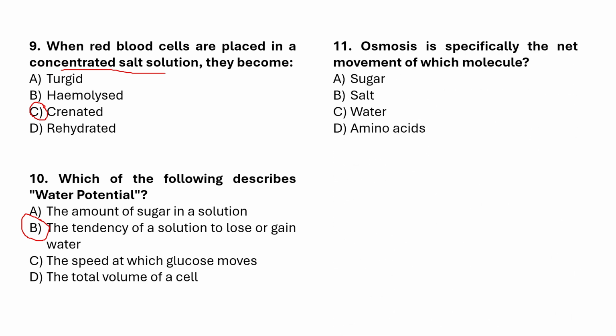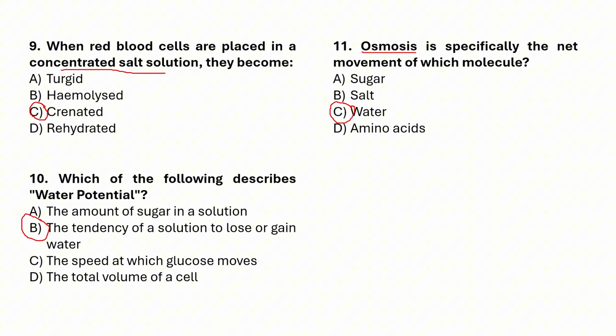The next question is, osmosis is specifically the net movement of which molecule? Sugar, salt, water, amino acids. To answer this question, understand this process, osmosis. The answer is very easy. That is water.